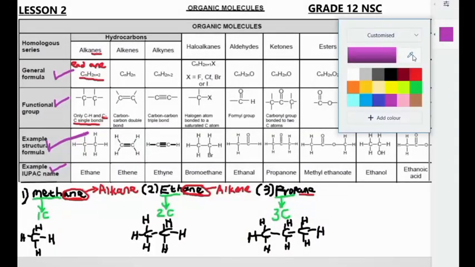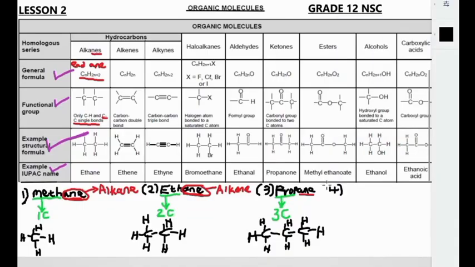Now let's look at the fourth IUPAC name, which is going to be butane. Remember, we started from meth, then eth, then prop, and now we are on but. In the previous lesson we said but means 4 carbons, so this here means a maximum of 4 carbon atoms.